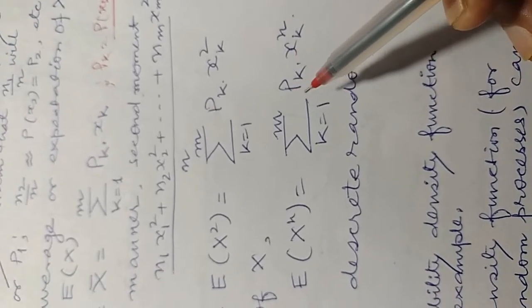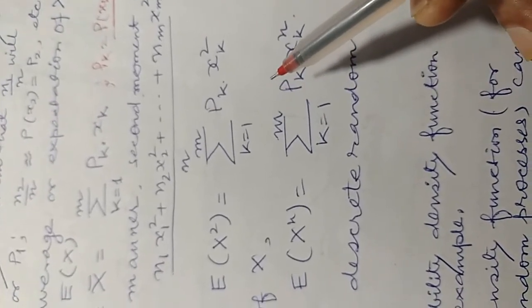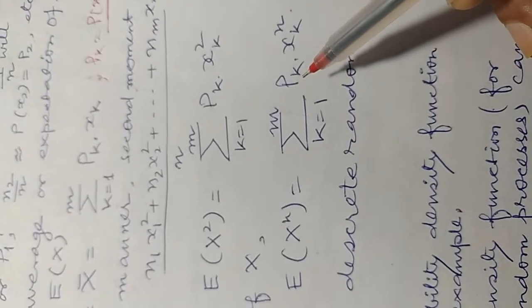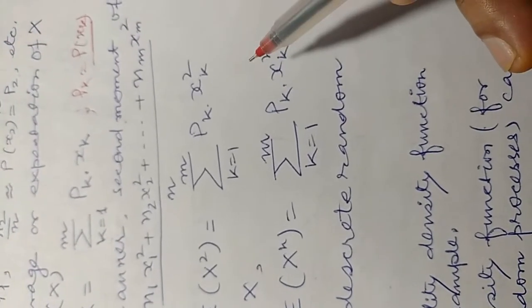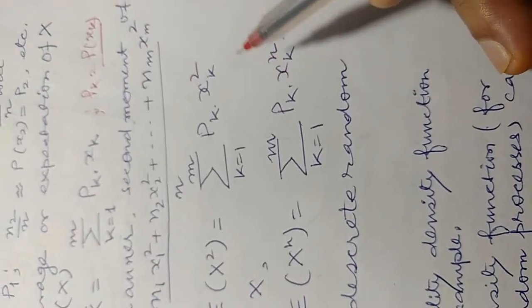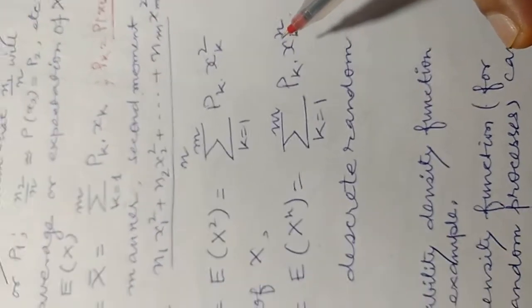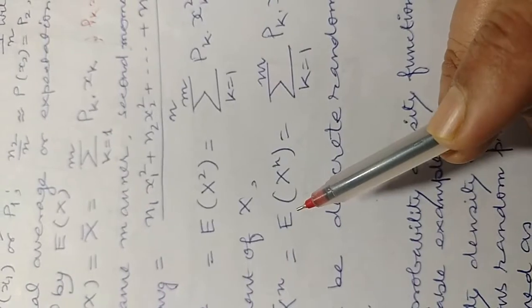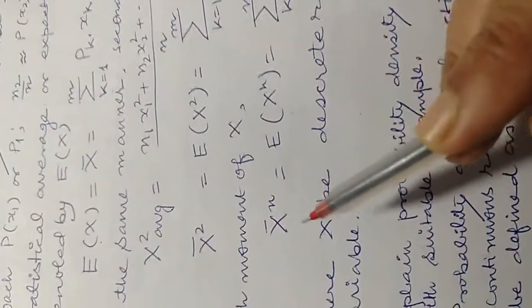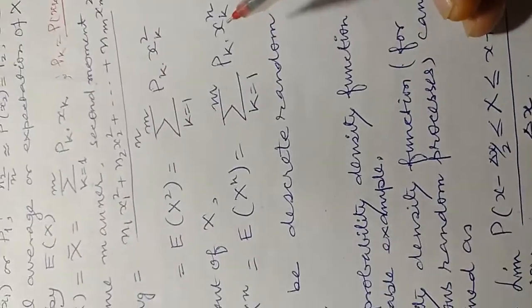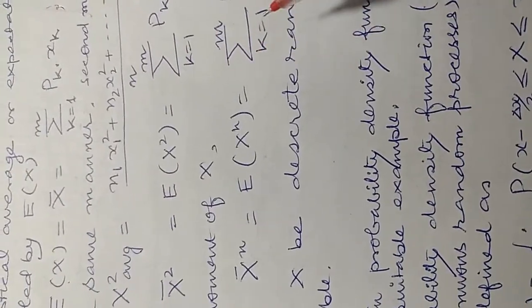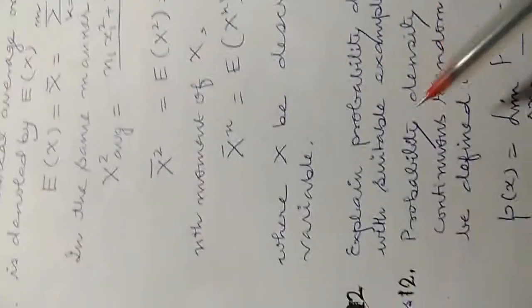That is, pk is the frequency function of that particular value, multiplied by that value raised to the nth power. Likewise, we can find the nth average, pk xk to the power n summed over k equal to 1 to m. Likewise, we can find the nth moment also.